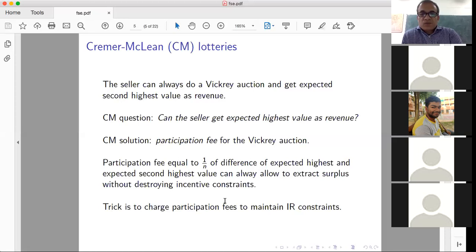In some sense, what I'm arguing is, if you're hopeful of full surplus extraction, you better do an efficient auction. That way you generate the maximum possible surplus, and then you can think about extracting more of that surplus through participation fees or some other means.